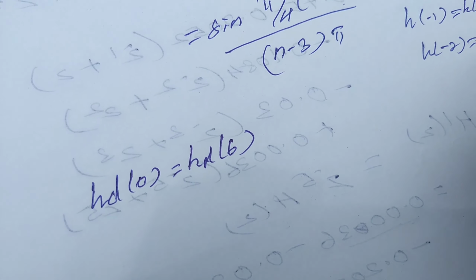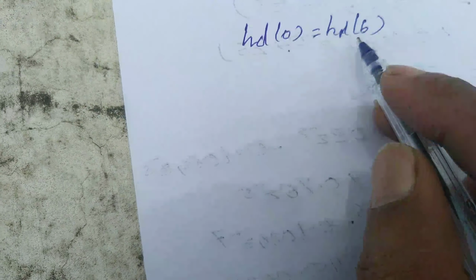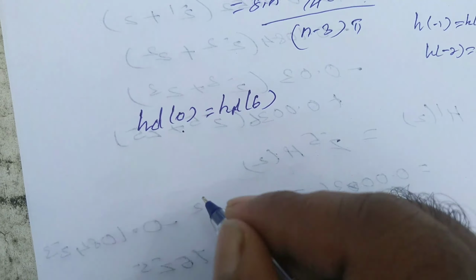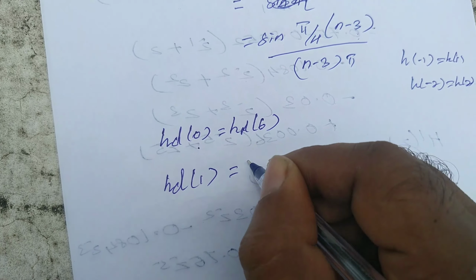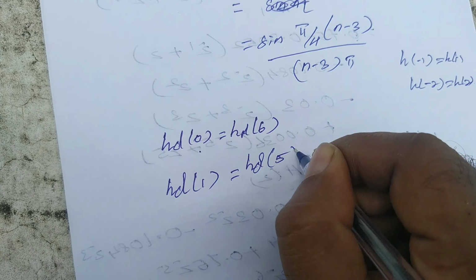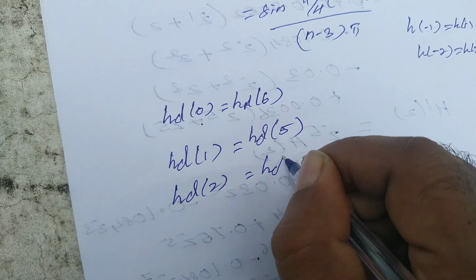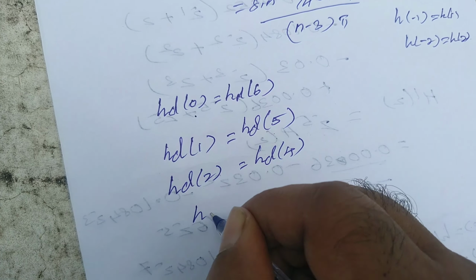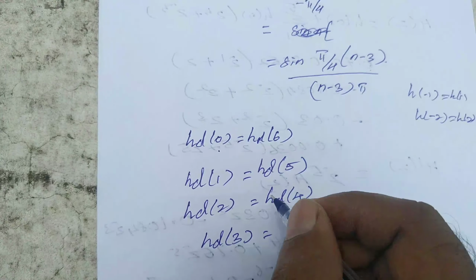But in this example we get hd of 0 equal to hd of 6, hd of 1 equal to hd of 5, hd of 2 equal to hd of 4, and hd of 3 alone is a separate value. That is the center of symmetry here.